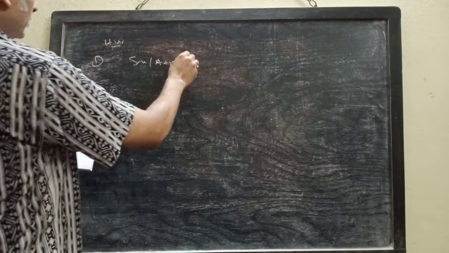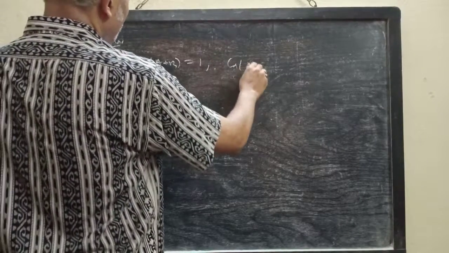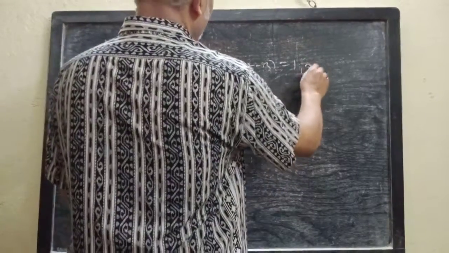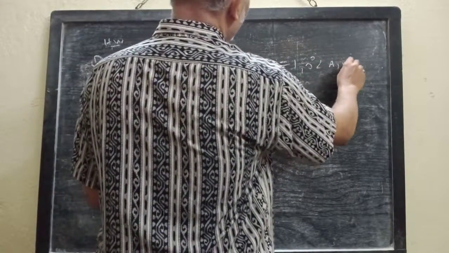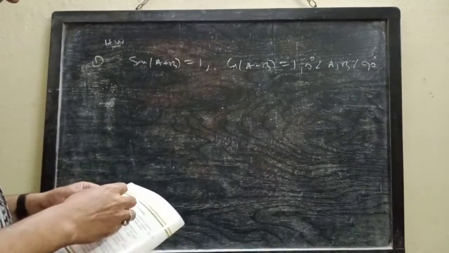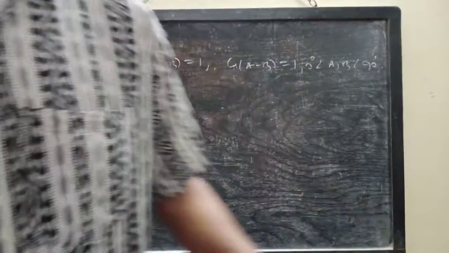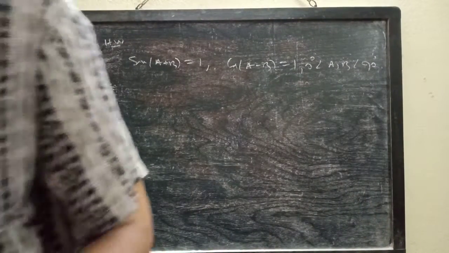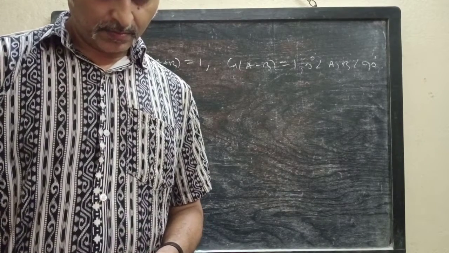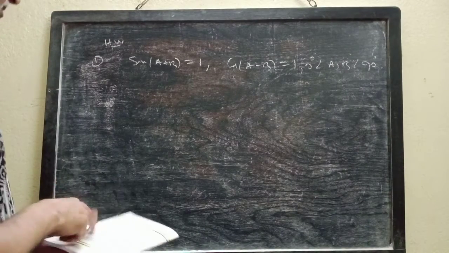Sin of A plus B equals 1, cos of A minus B equals 1, where A and B are both acute angles. Find A and B.